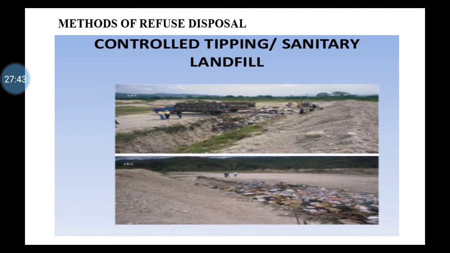The earth which is used to cover this finally prevents the escape of gases and spread of refuse by air. By this the flies, insects, and rodents will not get attracted, and there will be no air pollution or soil pollution.